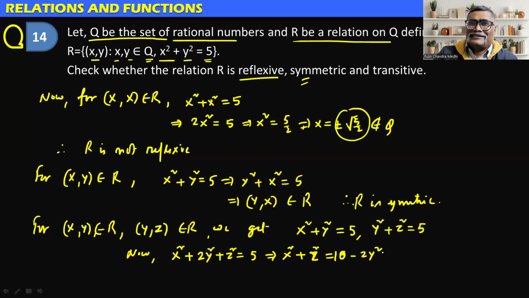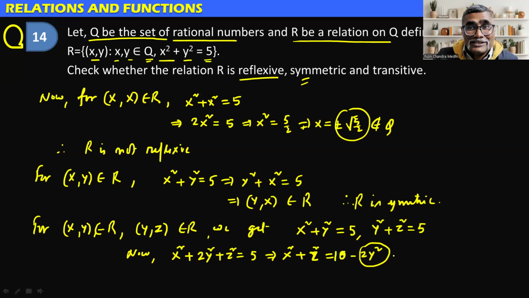Yes. So now, if x square plus z square will be 5, then only you can say x and z will be related. When can it be 5? To get x square plus z square equal to 5, I must get this value equal to 5.